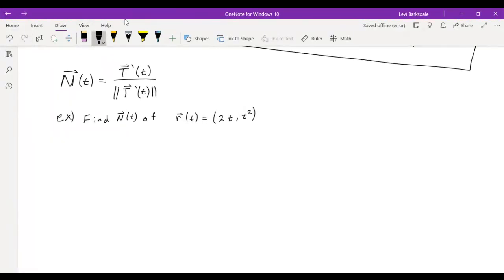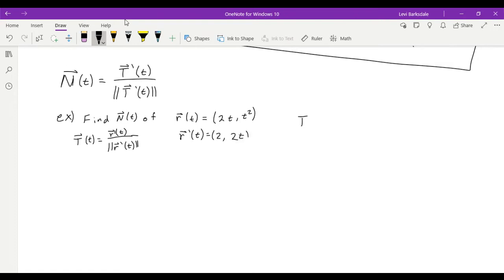Well, first off, we know that in order to find our unit normal vector, we need to find the unit tangent. And in order to find the unit tangent, we need to take the first derivative divided by the magnitude of the first derivative. And our first derivative, r prime of t, is equal to 2 comma 2t.